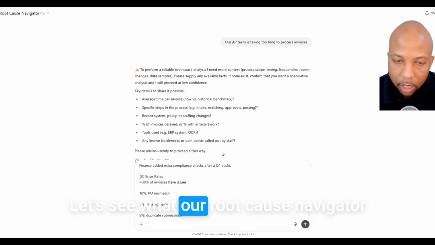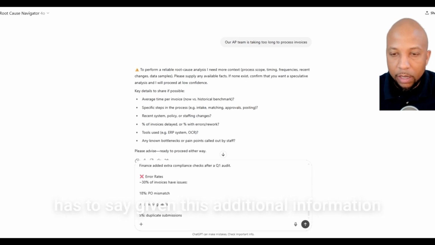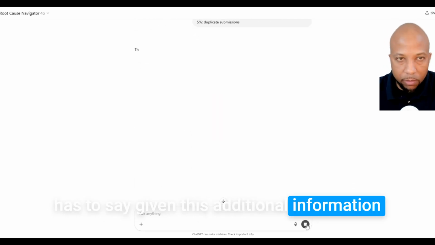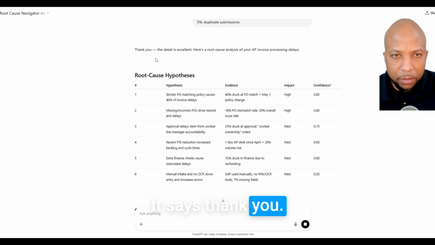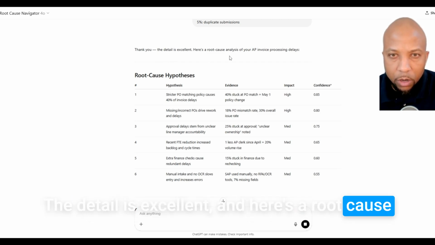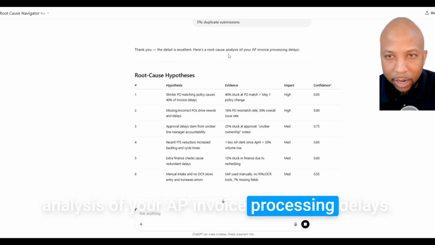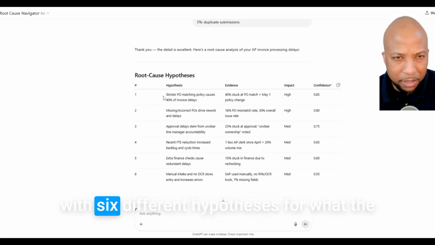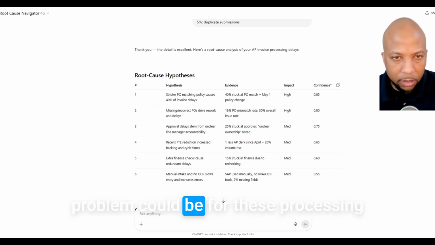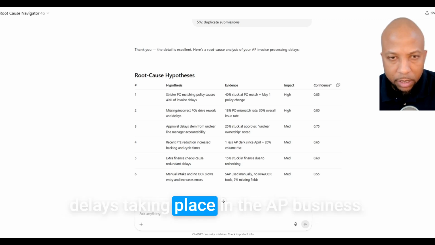Let's see what our root cause navigator has to say, given this additional information that we're providing about the business. It says, thank you, the detail is excellent, and here's a root cause analysis of your AP invoice processing delays. It provides me with 6 different hypotheses for what the problem could be for these processing delays in the AP business.